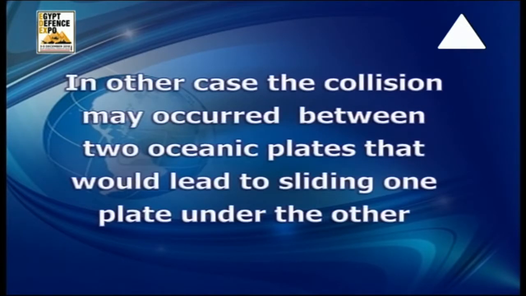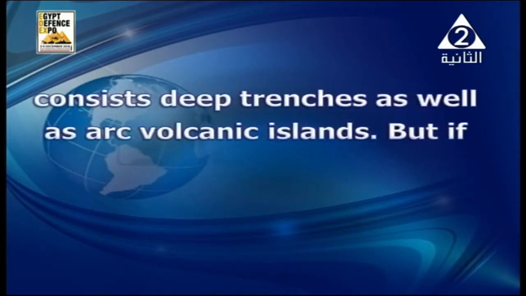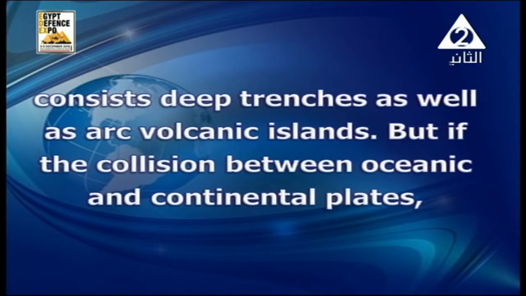In other cases, the collision may occur between two oceanic plates, which would lead to one plate sliding under the other one, creating deep trenches as well as volcanic islands.